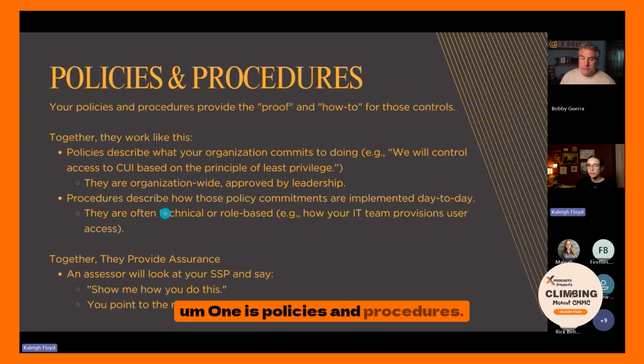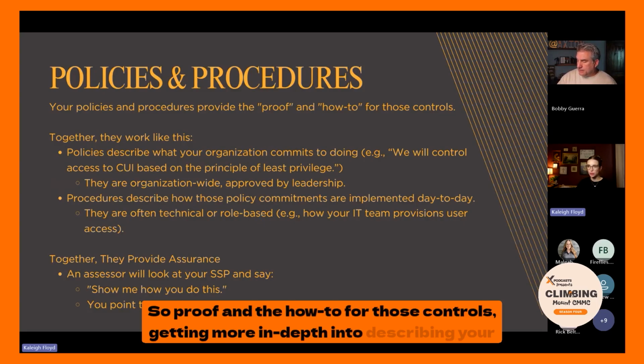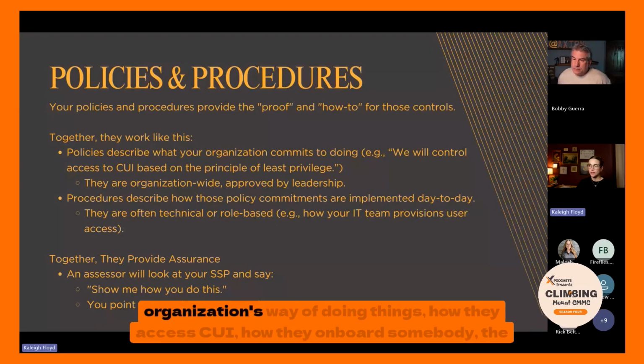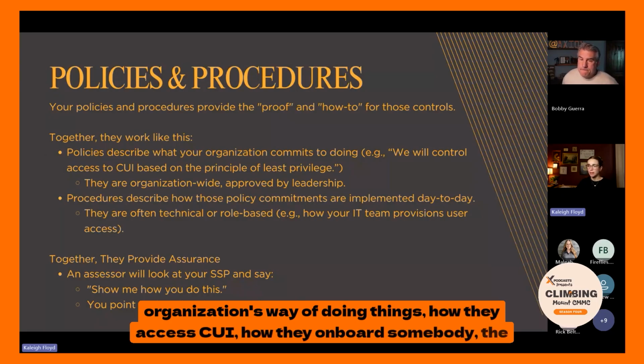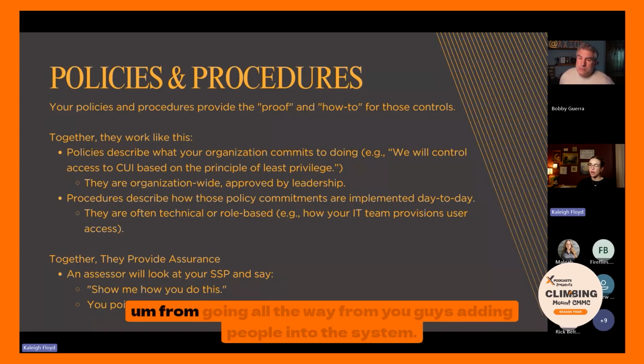One is policies and procedures. So, proof and the how-to for those controls, getting more in depth into describing your organization's way of doing things: how they access CUI, how they onboard somebody, the procedure that you committed to, going all the way from adding people into the system.